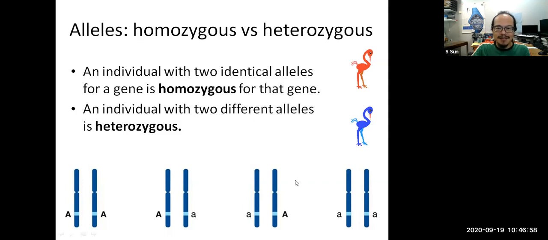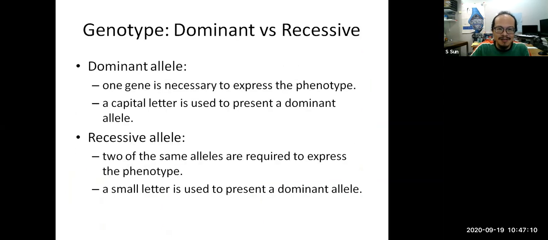When different alleles are in the body, they have to fight to show which one wins, and the one which wins is called the dominant allele. If you have capital A, you show the phenotype of capital A. If you have capital A and small a, the phenotype is still capital A, because that is the dominant allele.